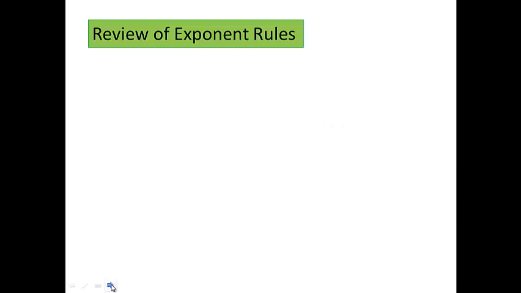We have to know our exponent rules and how they work backwards and forwards to understand this process. So our first rule is when we are multiplying two values that have a common base and they have exponents. In that situation, we are going to add those exponents together.